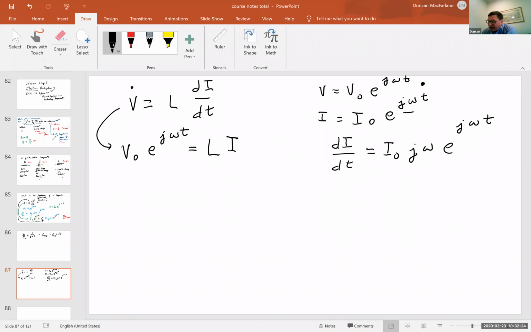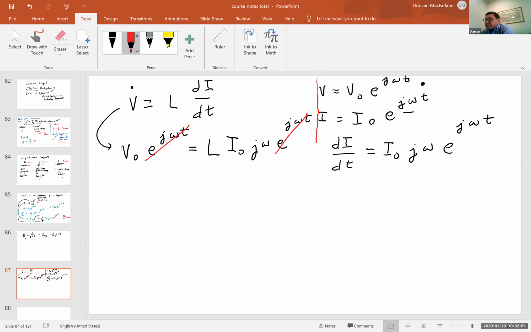And so I'll have an I naught, a j omega, and an e to the j omega t there. And again, because of the niceness of this equation, and a lucky guess, or a reason why we have a favorite function like a sinusoid, the time dependence cancels.